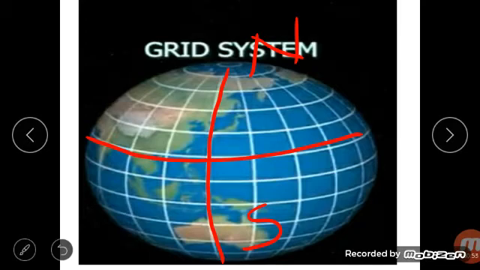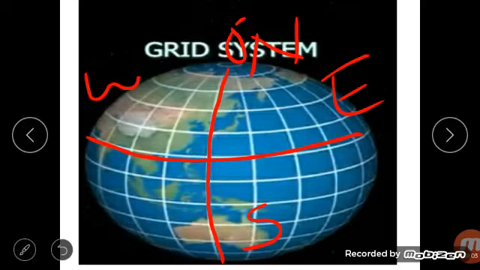The prime meridian is 0 degree. These are 180 degree east and 180 degree west. They form an imaginary grid over the earth's surface. By knowing latitudes and longitudes, you can easily locate any place on earth.